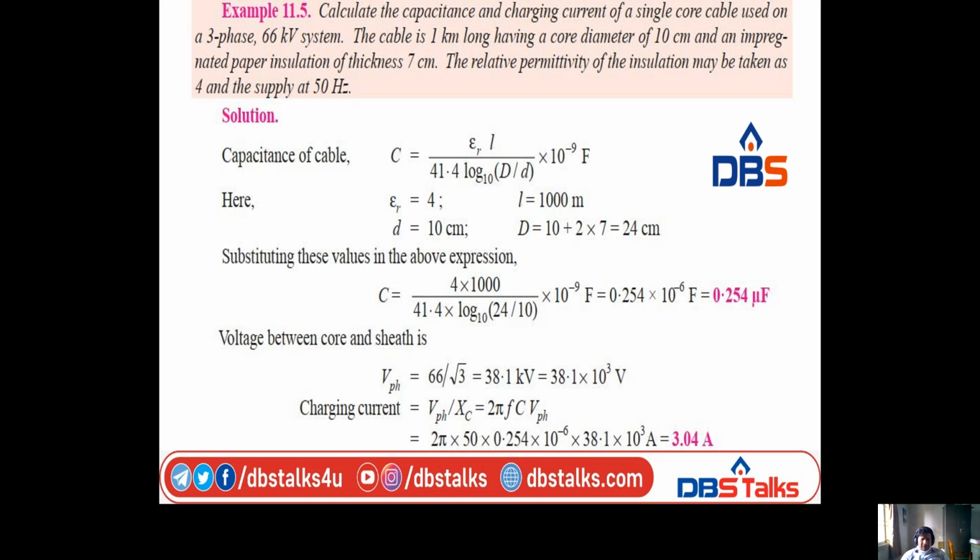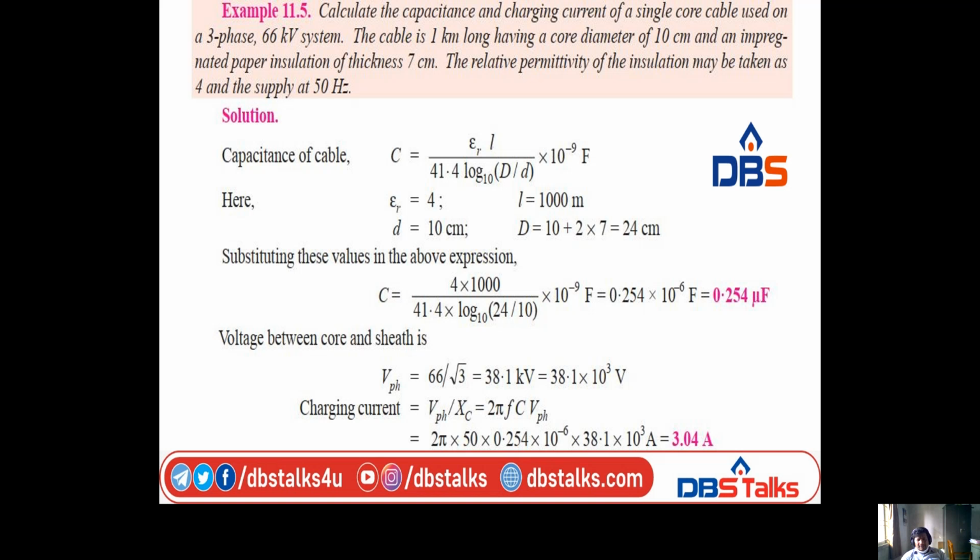Now we know from the given problem epsilon r is equal to 4, L is equal to 1000, d is equal to 10 centimeter, capital D, small d plus thickness of insulation, that is equal to 10 plus 2 into 7, that is equal to 24 centimeter.